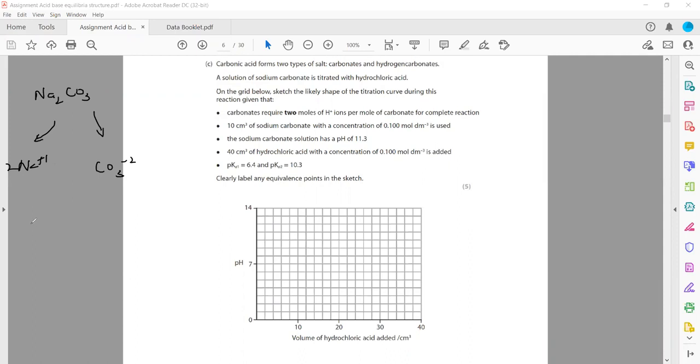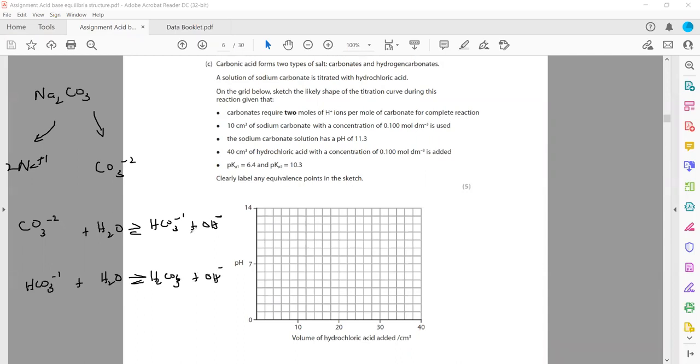If this carbonate accepts a proton from one water molecule, it will form HCO3⁻ and OH⁻. HCO3⁻ is there because it is accepting protons, and OH is also minus. Then this HCO3⁻ ion further reacts with water, forming H2CO3 plus another OH⁻.